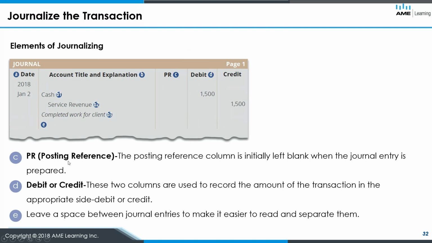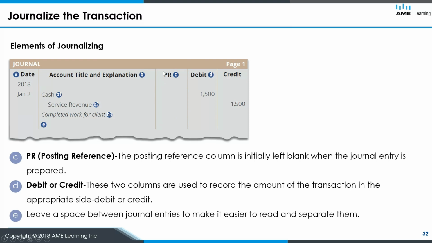Okay, I don't really care too much about the posting reference. Some of this information, like the posting reference, is a little bit outdated. This is hearkening back to a time when there was actually a physical book and these things were being written down, and you would use the posting reference to understand where different information was coming from. But in today's modern age with accounting software like QuickBooks, it automatically does the organization for you.